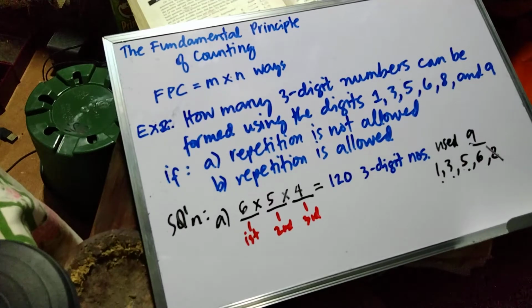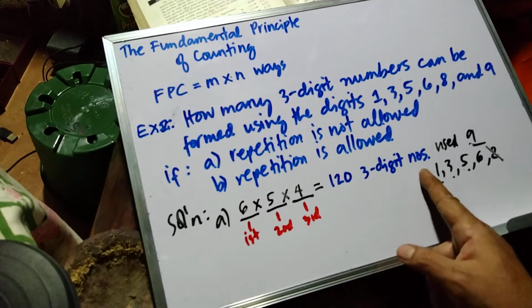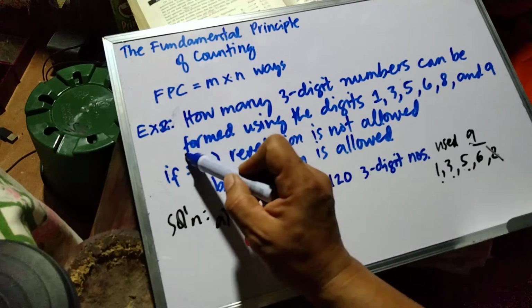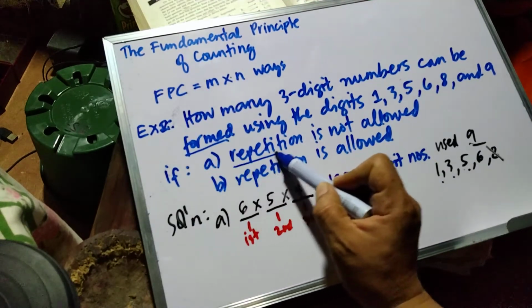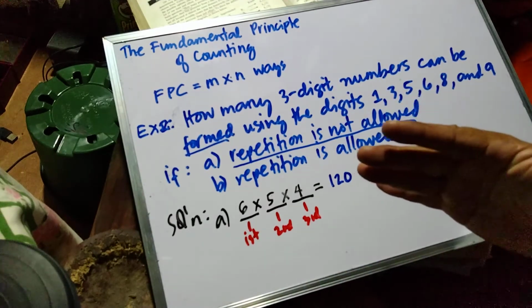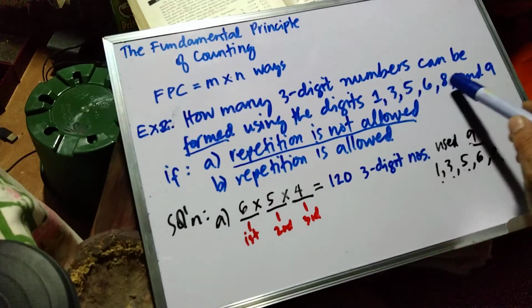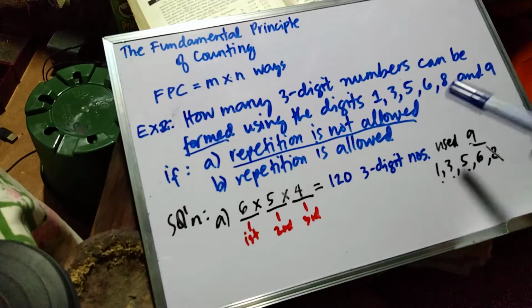Okay? So that is it. We have 120 3-digit numbers that we can form if repetition is not allowed, using these numbers.